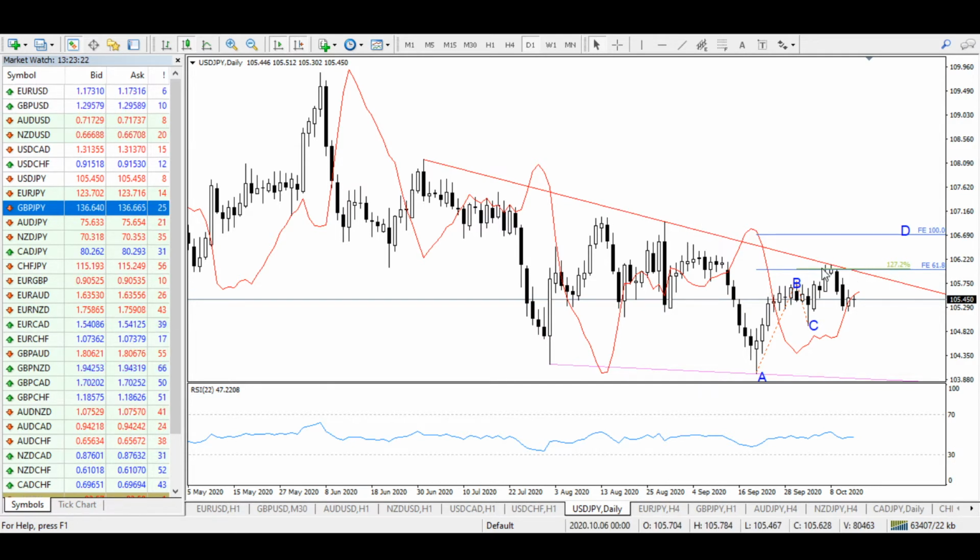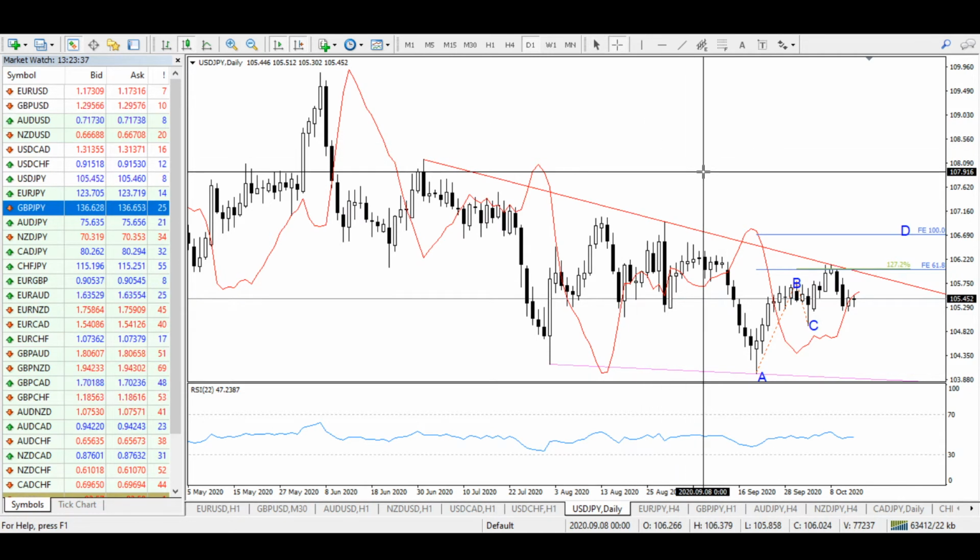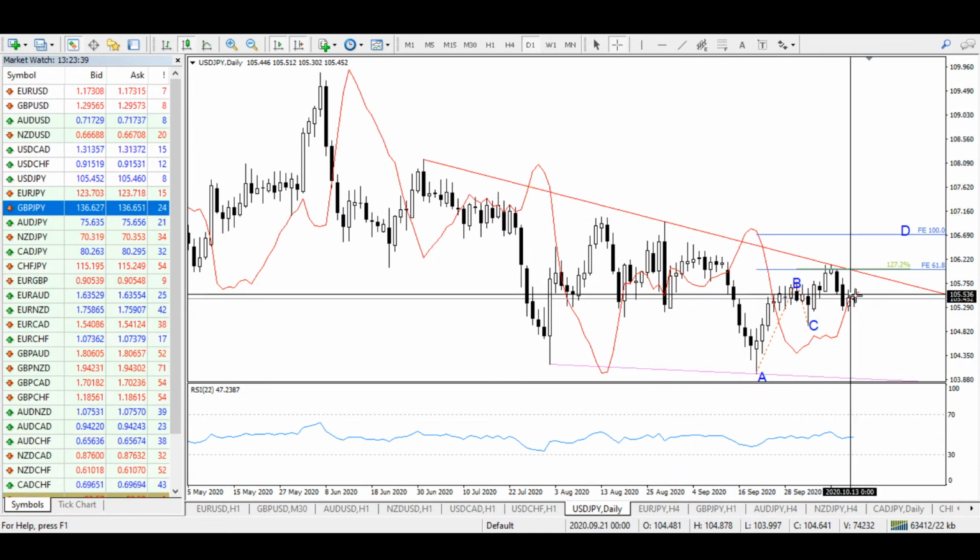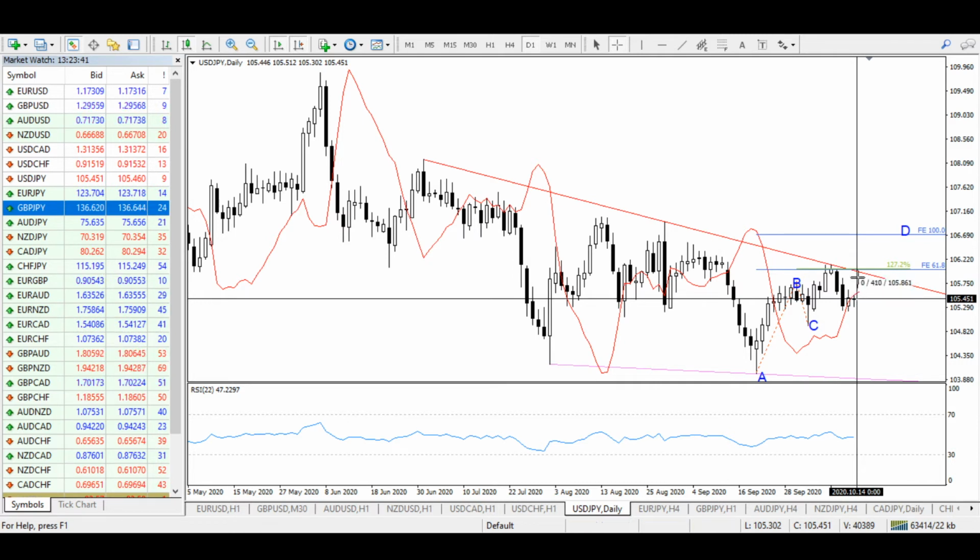Price reacted from here and moved downside, but it's still staying above this indicator called MACD predictor. Yesterday the market closed above this, and today we'll have to wait for the closing. So there is room for upside movement, and even if it is supposed to fall, there is still room that it can go up to about 50 pips and touch this trend line. So we have at least 50 pips here.